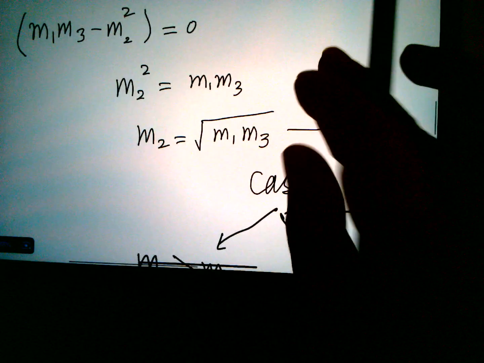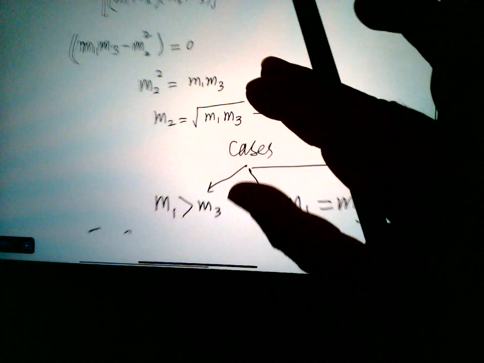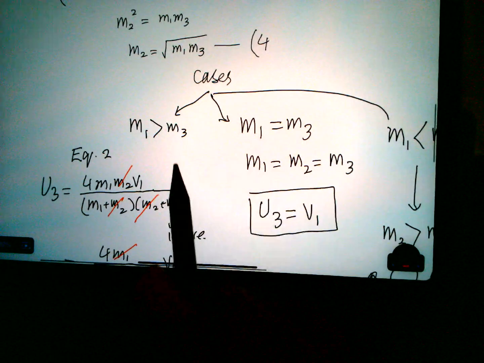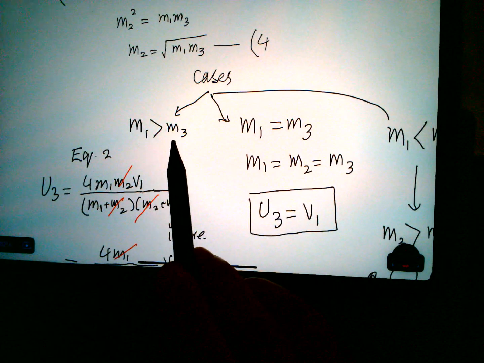So m2 equals the square root of the product m1 m3. There are three cases. First, m1 is much larger than m3.